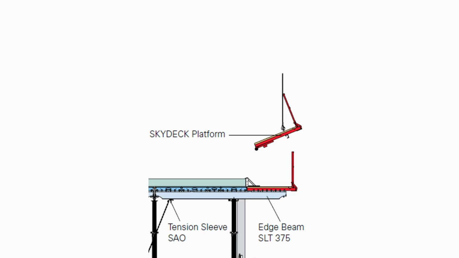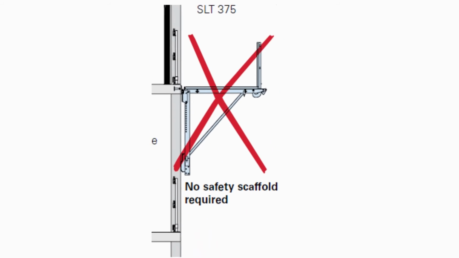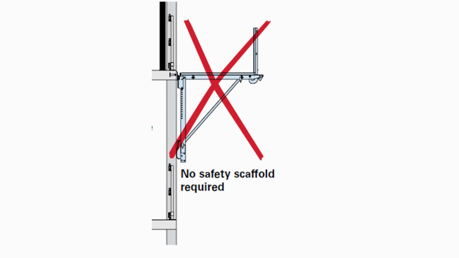Especially, this cantilevered beam is specialized in Absolute World Towers. Also, at the edge of the building, the use of the Skydeck platform means no safety scaffold is required in the story below. During concreting operations, the Skydeck main beam lies protected under the Skydeck panels. This point illustrates the high safety characteristic of Skydeck in particular.